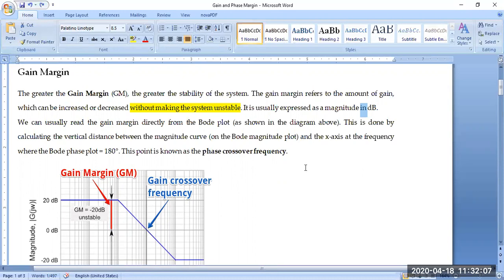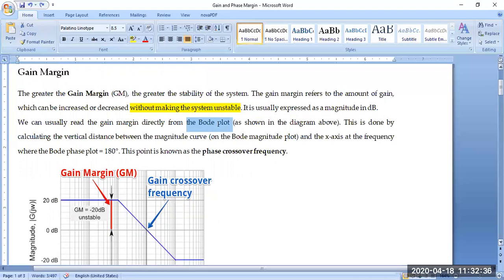That is the open loop transfer function. If you take the reciprocal of that magnitude, you will get the gain margin. So we can usually read the gain margin directly from the Bode plot.